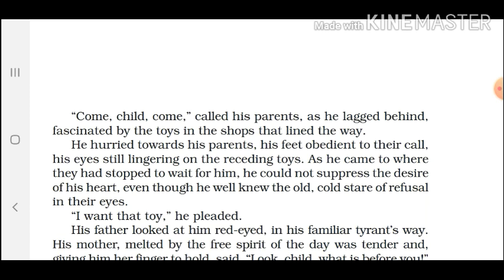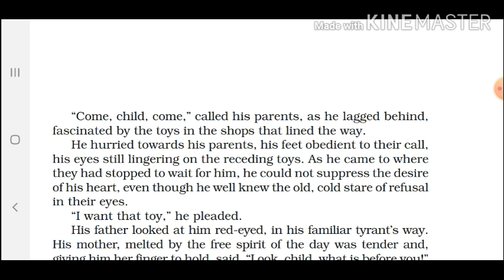As he came to where they had stopped to wait for him, he could not suppress the desire of his heart, even though he well knew the old cold stare of refusal in their eyes. So, when the child reached his parents, who were waiting, the child could not stop the desire of his heart.